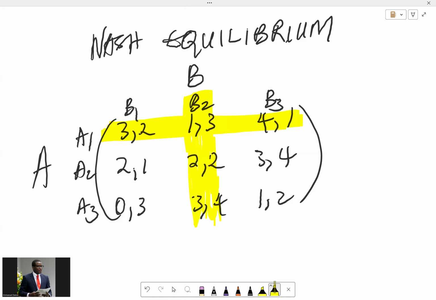So the Nash equilibrium is the place where these two strategies intersect. So automatically the Nash equilibrium is this 1, 3.